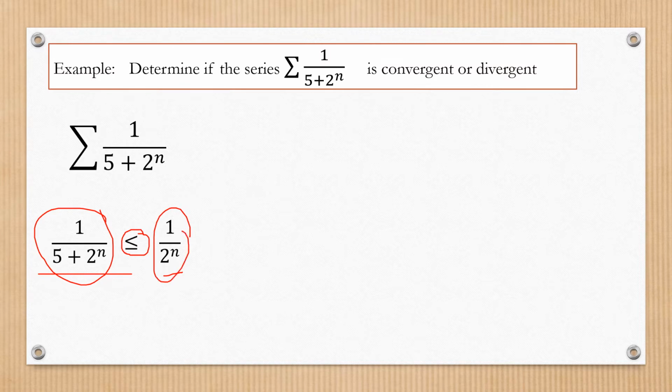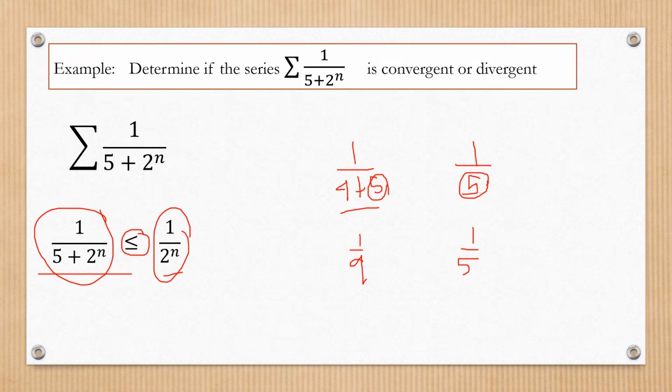Just like, for example, 1 over, for example, we have 4 plus 5. And then the other one is 1 over 5. Okay, 1 over 5. So again, we have the same number of 5 here, but in here we added 4. Okay? So, this will be equal to 1 over 9, and this one is still 1 over 5.